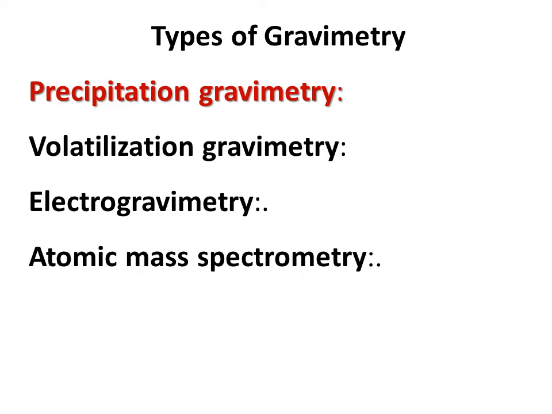We have combustion analysis. Combustion analysis is like volatilization gravimetry, but here the samples are burned, usually in a furnace, and the residue is measured. We're not interested in any way in the gas component. Meanwhile, we have thermogravimetry. This measures the change in weight of samples with respect to temperature. So a sample, when heated at 300 degrees, is known to decompose to a particular substance of known mass.